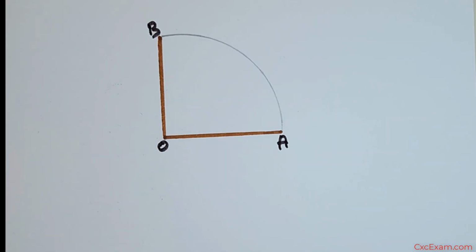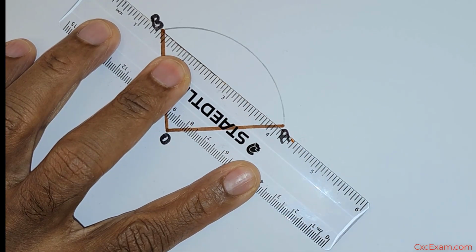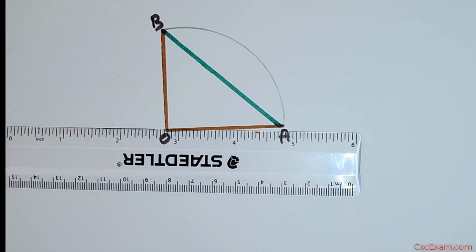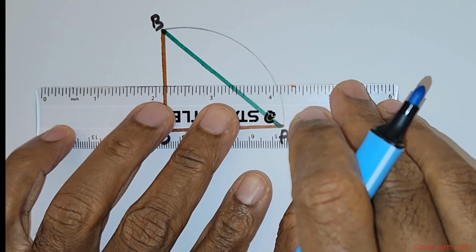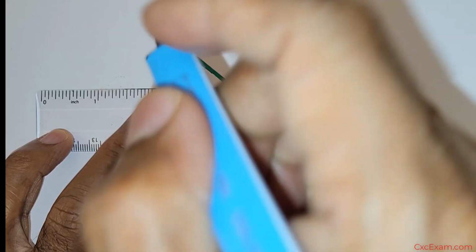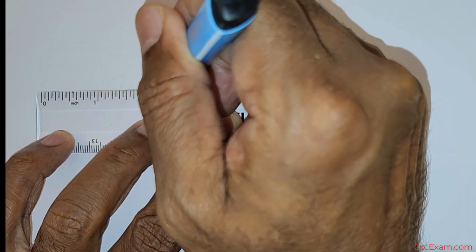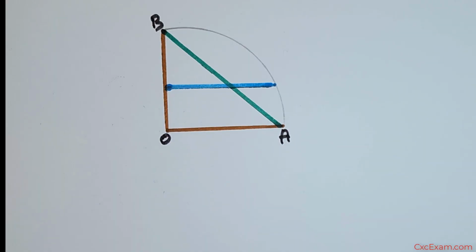Now we have another information. Okay, so let me also include that information. Now there is a line that is hitting from B to A, and then we have a line that is splitting AB.